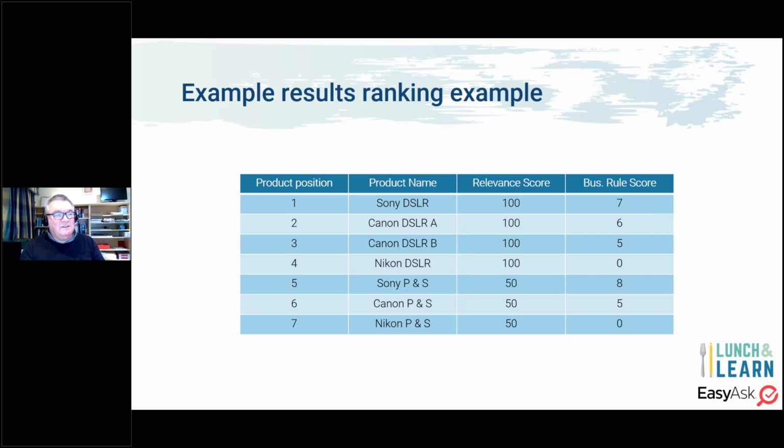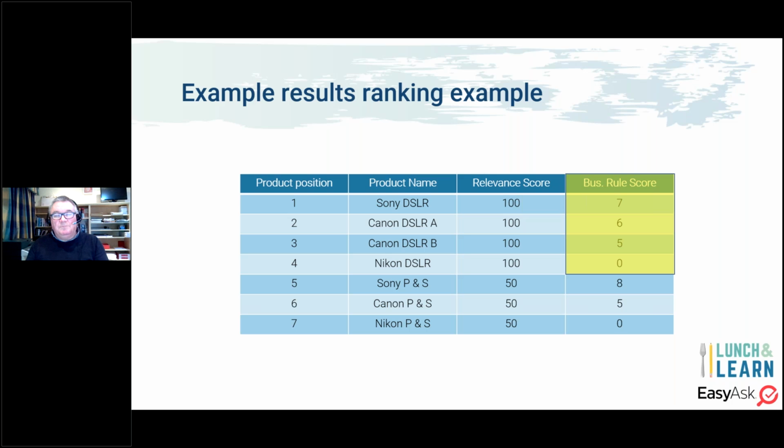So I've got 7 products in my results, in position 1 through 7. As you can see, we've got relevance scores, but we've got some which are at 100% and some are at 50%. And what order do we choose for these products that are equally relevant? Well, as you can see, it's the business rule score.